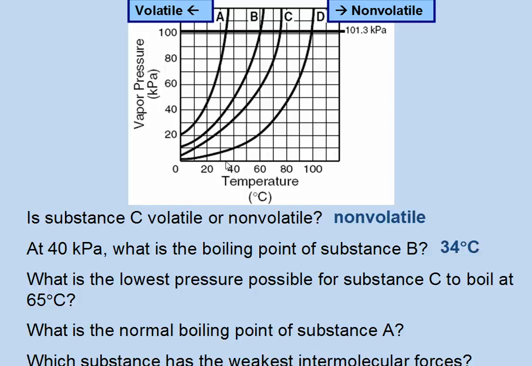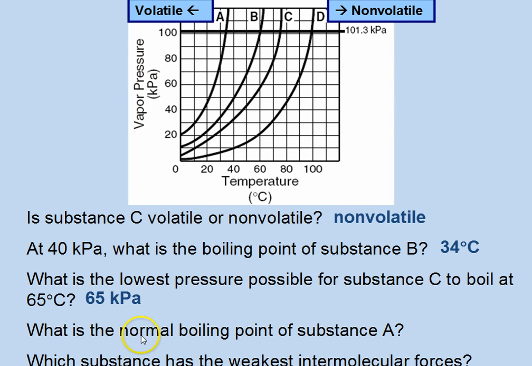If I ask you to find the pressure at which a substance boils at a given temperature, this time I'm asking you for substance C at 65 degrees Celsius, I would find 65 on my x-axis, go up to where substance C's curve crosses 65 degrees, and then I would go across to get the pressure. So it looks to be a little below 70, and I said around 65 kPa. You may think a little lower, a little higher.